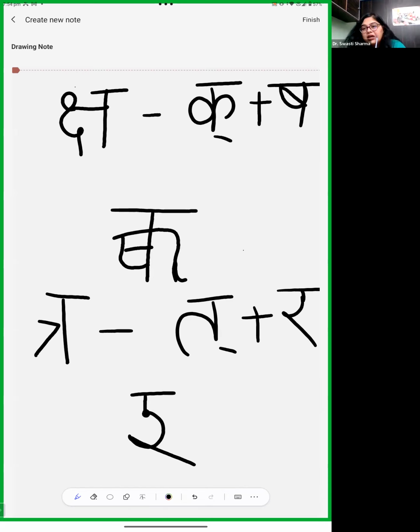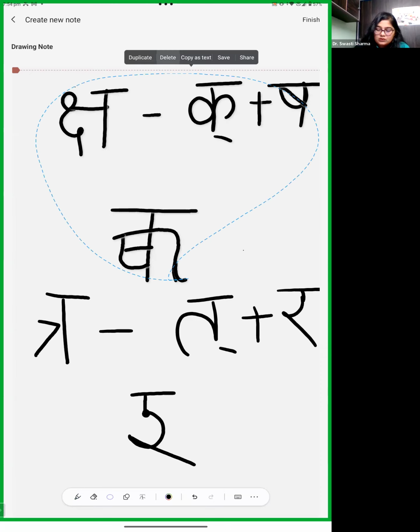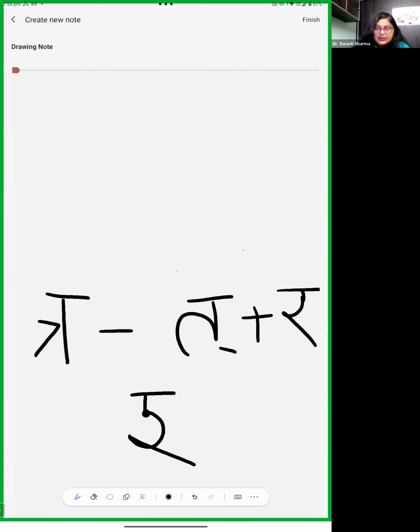In Sharda, what will happen if you are adding the letter Ra after any word, like Kra. Ksha is clear, I'm going to remove it. Okay, if you are writing any letter Ra with any letter, suppose you are writing this in Devanagari, but if you are writing it in Sharda, what will happen? This is Ka, okay, so it will go in the opposite side.